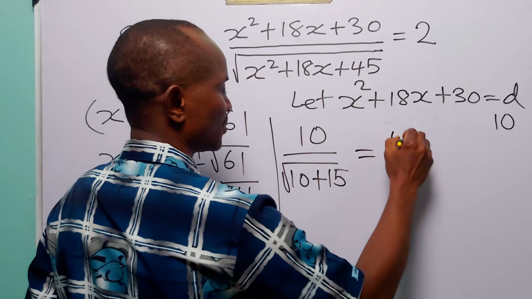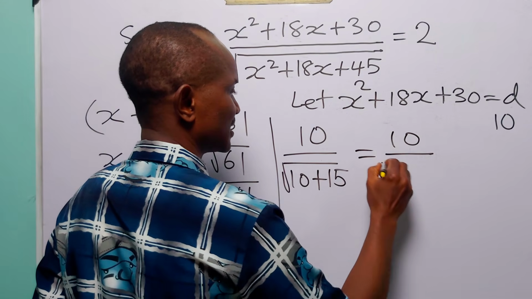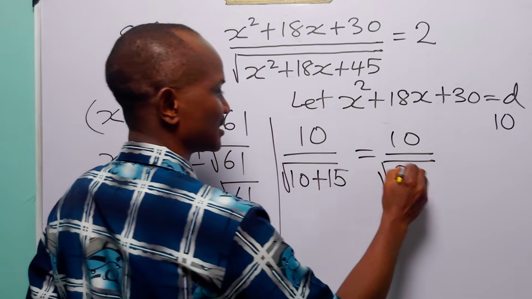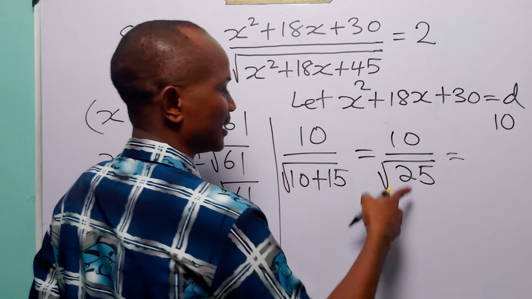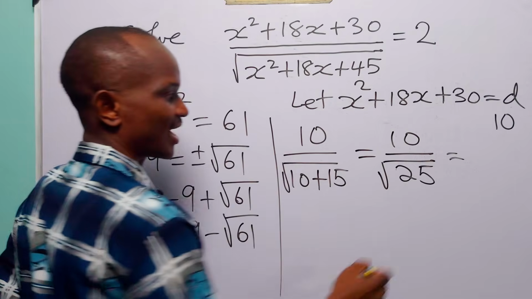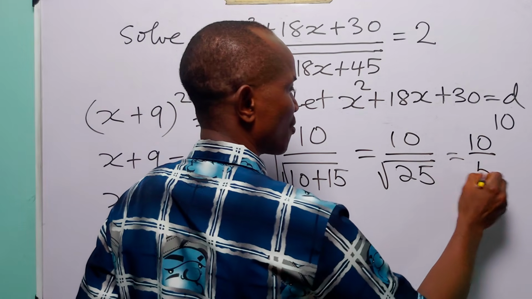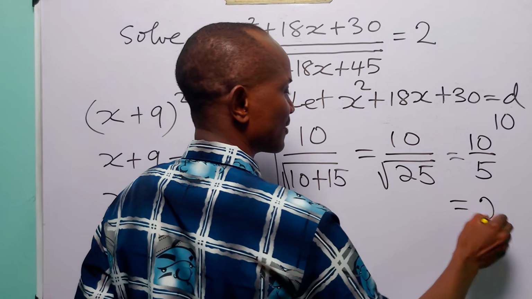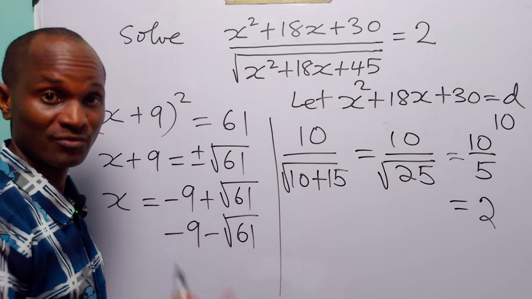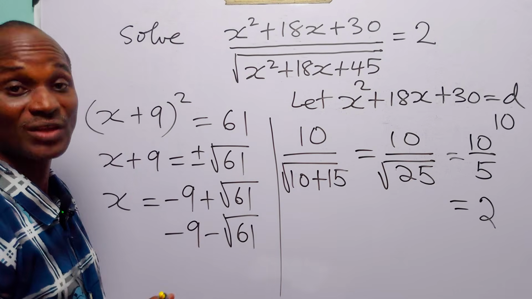Now, this is equal to 10 over the square root of 25. The square root of 25 is 5. So we have 10 over 5, which of course is equal to 2, which is exactly what we have on the right-hand side of the equation.